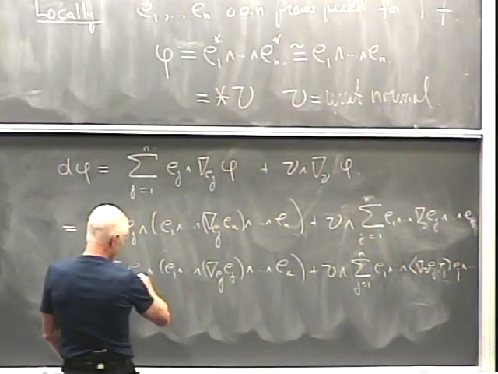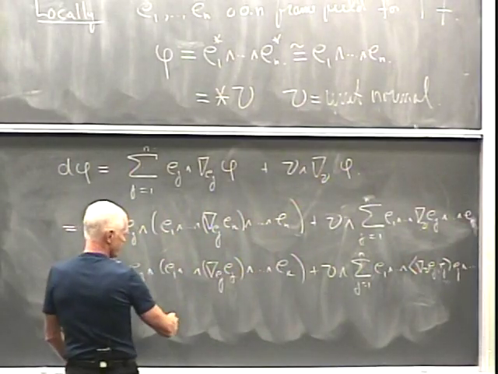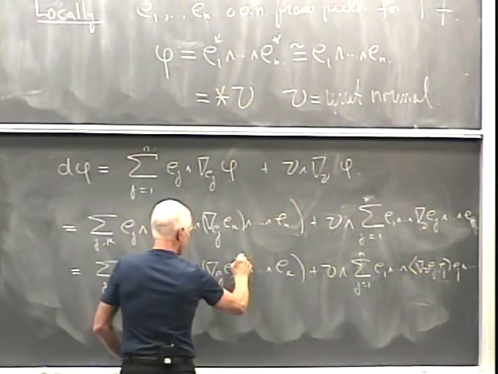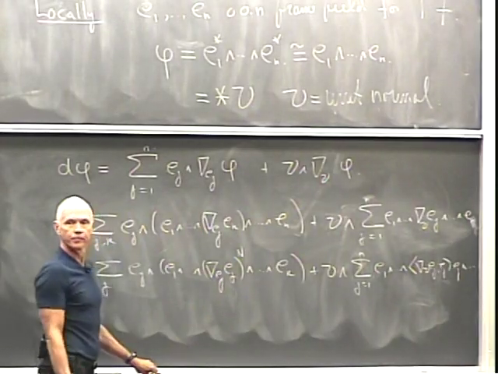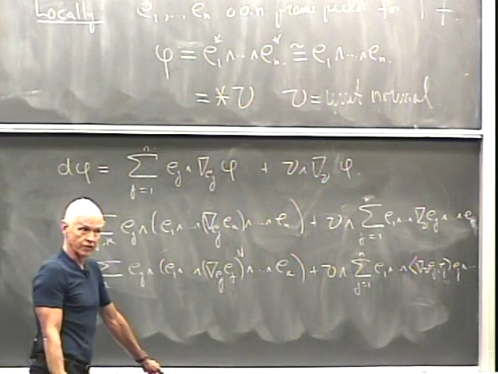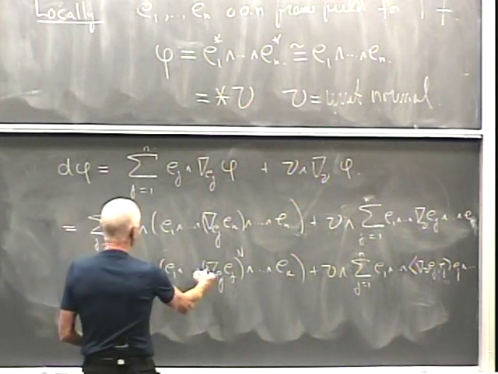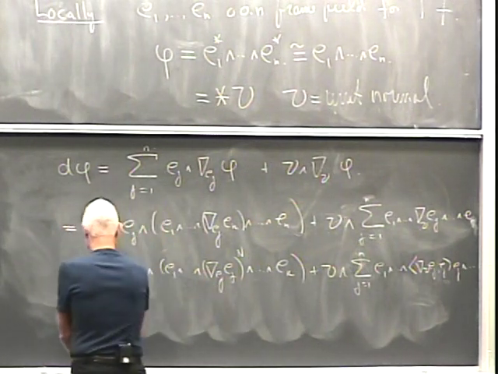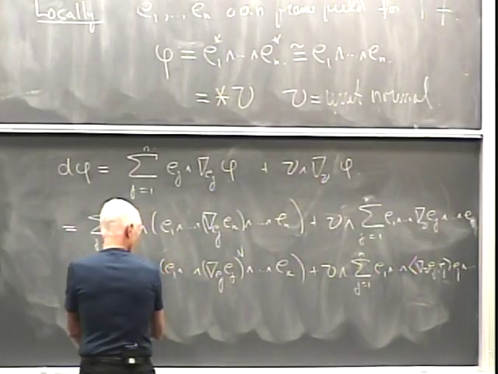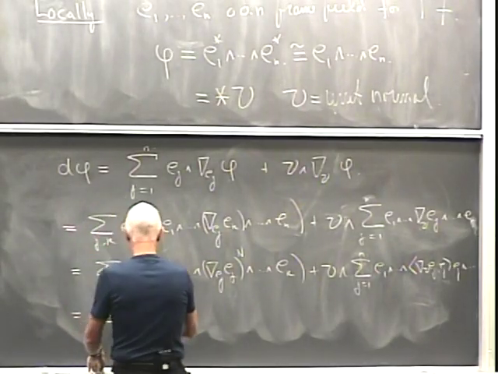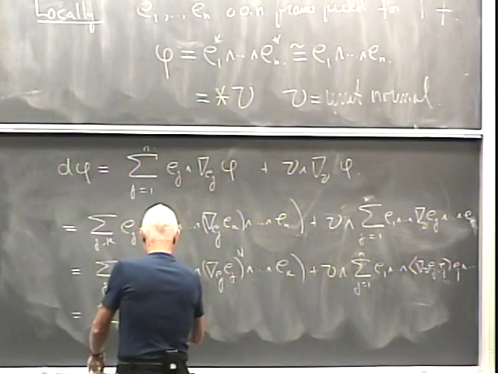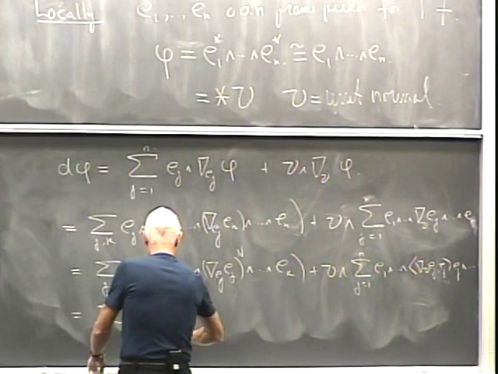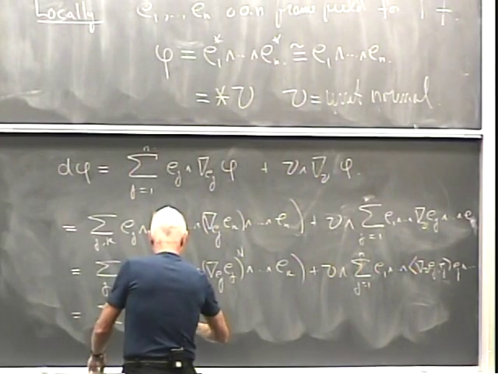And now, again, what you see here is all the tangent vectors. So all that's left is the normal component. And the normal component can be written as, well, that's essentially the second fundamental form. So this then becomes the sum of del Ej on Ej, dot product with the normal vector.